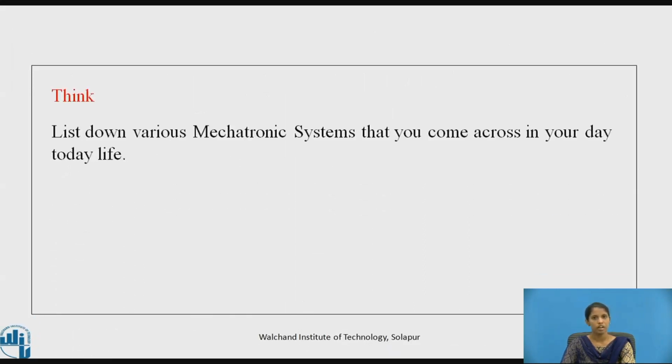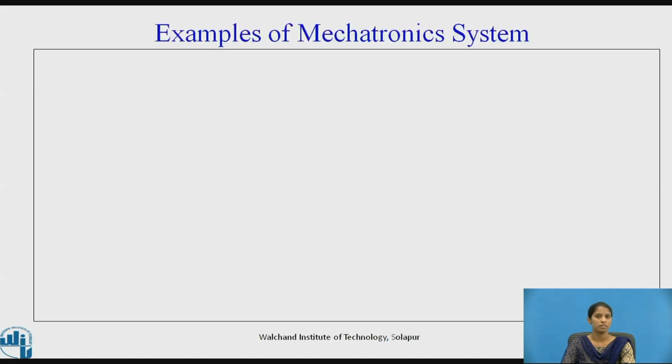Now, I want you to pause the video for few seconds and list down the various mechatronic systems that you come across in your day-to-day life. So let's see the few examples of mechatronic systems.